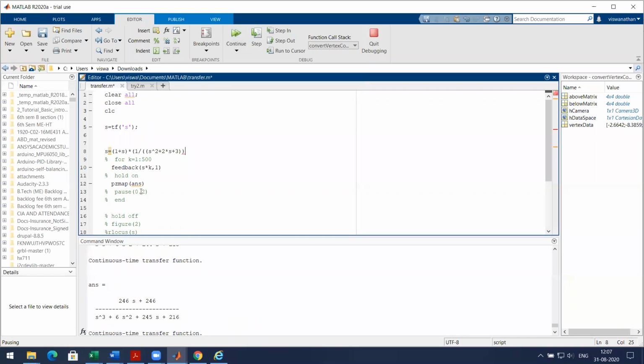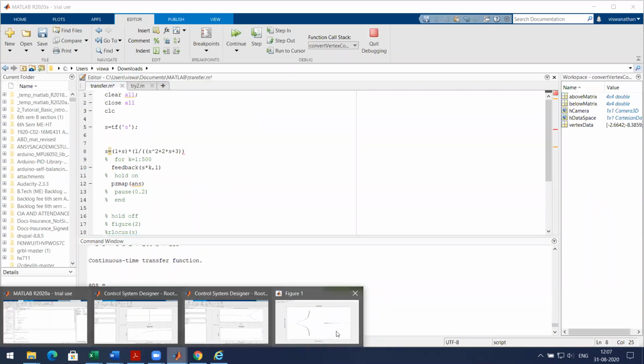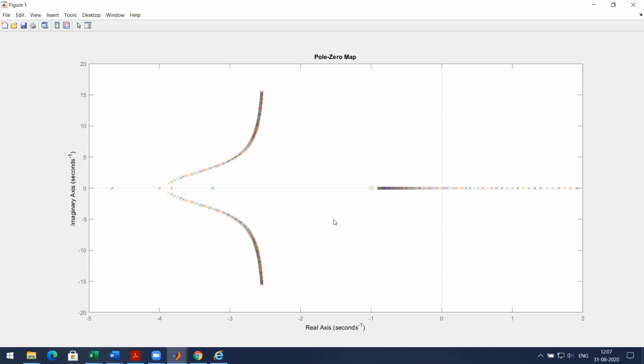I just wanted to tell you, if you have roots, these are real roots. If you have complex roots, then they would be conjugate pairs. What do you mean by conjugate pairs? Complex poles or complex zeros. What do you mean by conjugate?